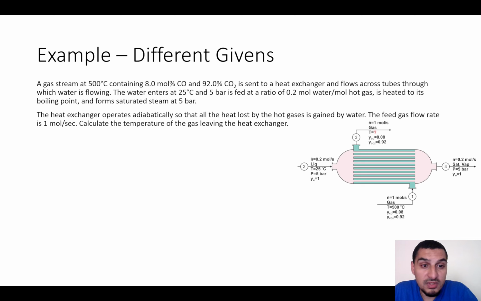We are asked to calculate the temperature, which is the first time we see this, and we will see how we can deal with such a case, which is a very common case. In many cases, we need to know what the product temperature is, and this requires some mathematical manipulation of the equation, and we will see this now.